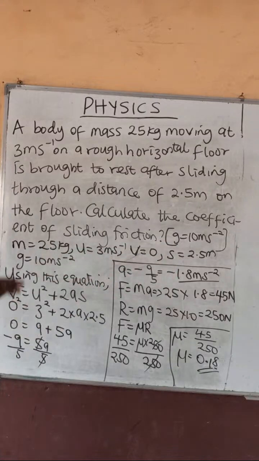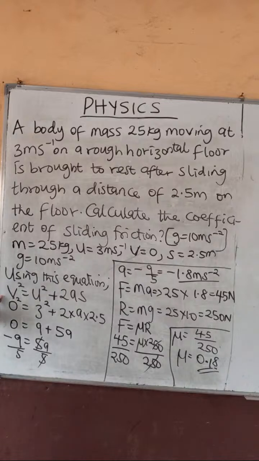I'm giving g to be 10 meters per second squared. The essence of these parameters is for us to get the linear acceleration. And once we get it, we are going to use it to solve for the frictional force. Because we need to solve for frictional force, we need to solve for reaction force.